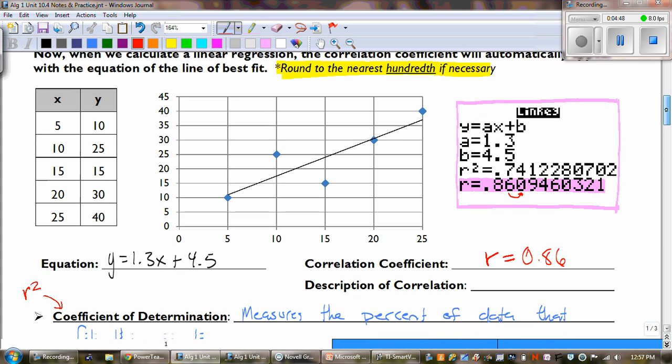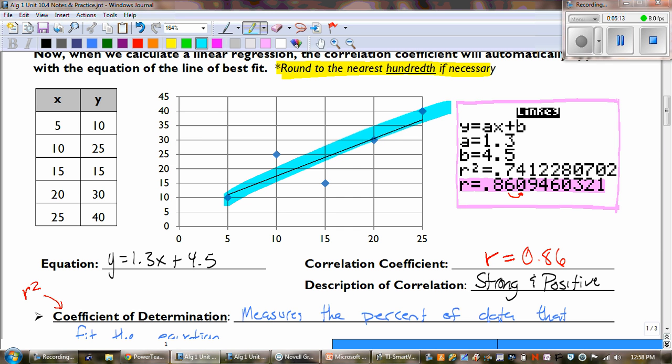And what does that tell me? Well, it tells me that that correlation is strong and it's positive. And pretty much looking at your graph, wouldn't you say the same thing, that it's strong and positive? Yeah, that's what that letter's telling us.